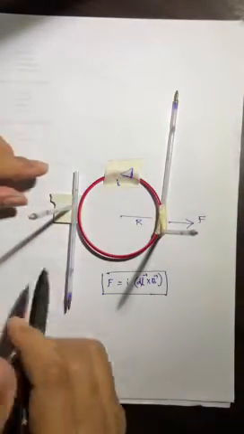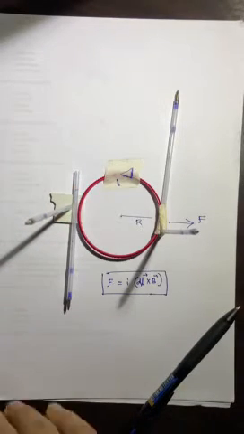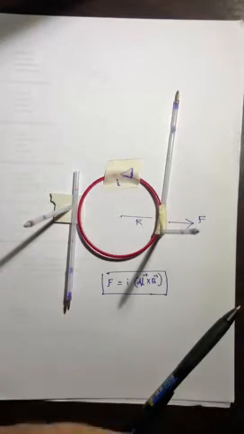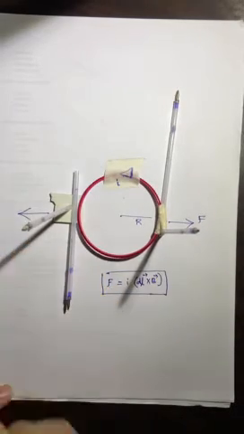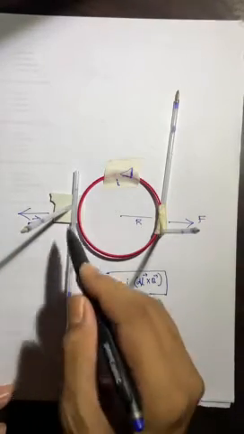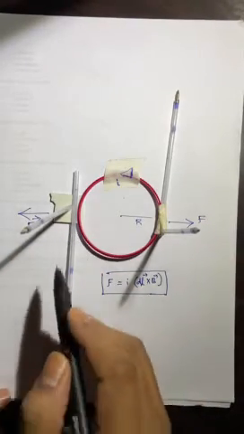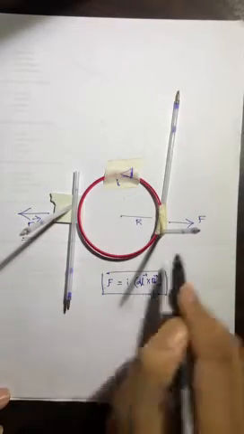Now in this case, again if we apply the same right hand rule, the force will also be in the outside direction, because here the tangent is coming in the opposite direction. Therefore these two forces are repelling each other.